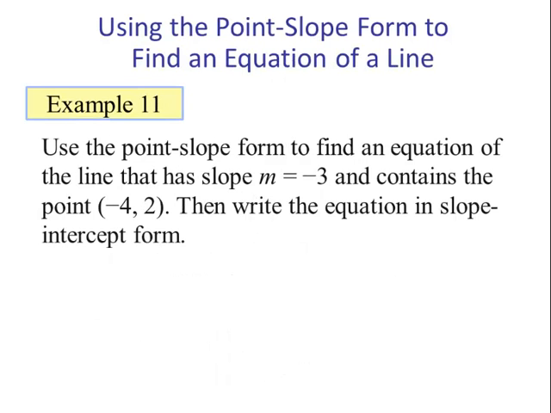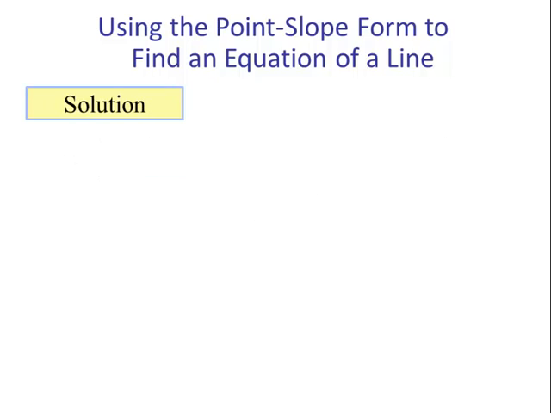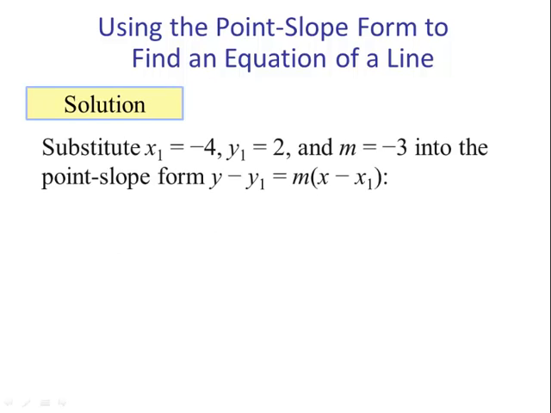Example 11. Use a point-slope form to find the equation of a line that has a slope of negative 3 and contains the point negative 4, 2. Then write the equation in slope-intercept form. Solution. Substitute x sub 1 for negative 4, y sub 1 for 2, and m equals negative 3 into the point-slope form equation.